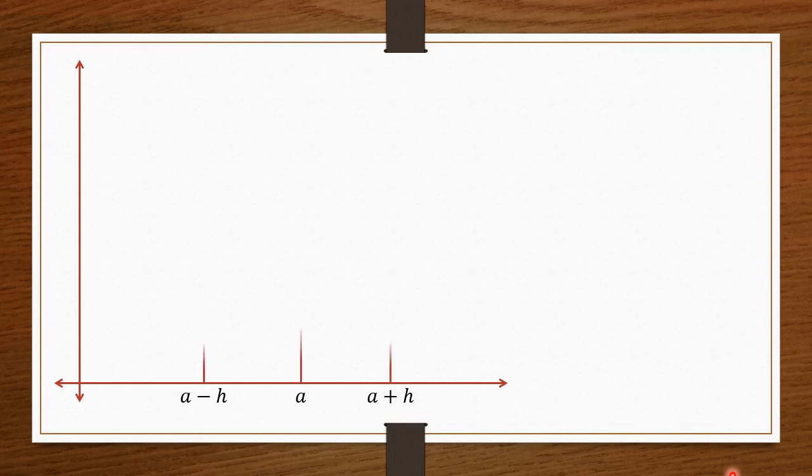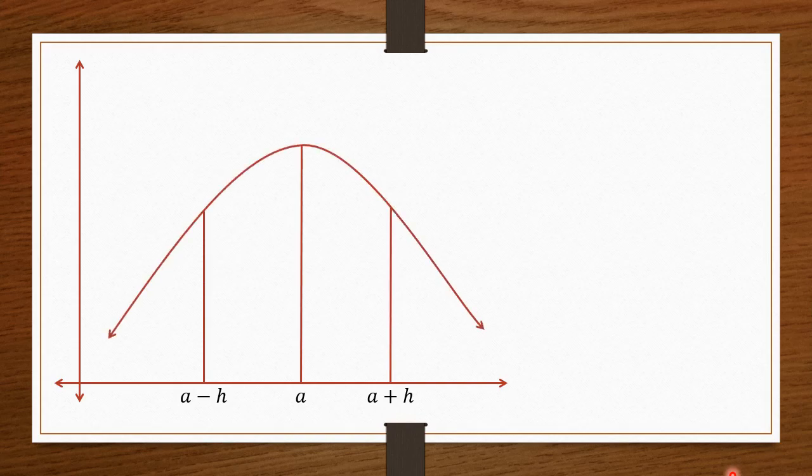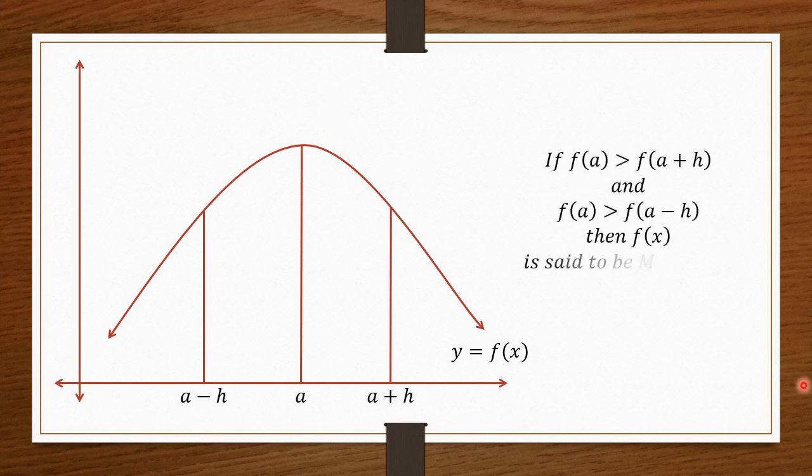When we put all these three into the function and get a diagram like this, then we can say that f(x) is maximum at the point a, because this is a stationary point where the value of the function is maximum. f(a+h) is less than f(a), and f(a-h) is also less than f(a), that means f(a) is the biggest value. If f(a) is greater than f(a+h) and f(a) is also greater than f(a-h), then f(x) is said to be maximum at x equal to a. So this is the point where the function is maximum.